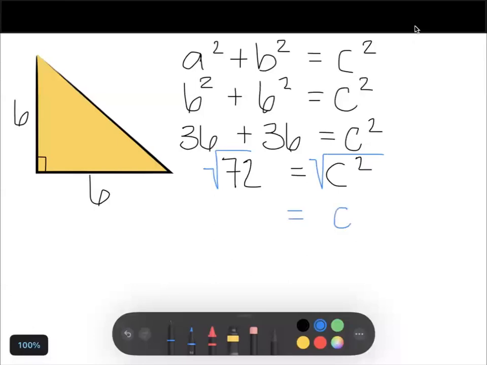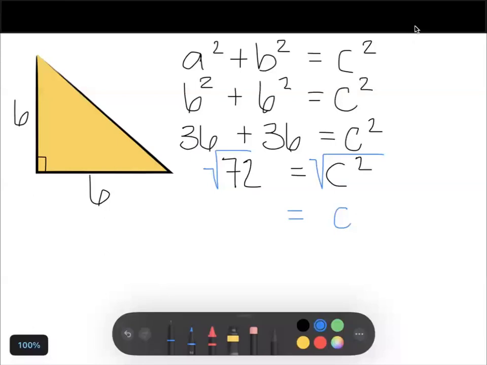Now, the square root of 72 is a little bit tougher because it's not a perfect square. It really depends on what your teacher says, if they want you to use a calculator to figure out the square root of this, or if they want you to write it in radical form. If you're not sure what any of those mean, clarify with your teacher what they want. So we are going to use a calculator for this.